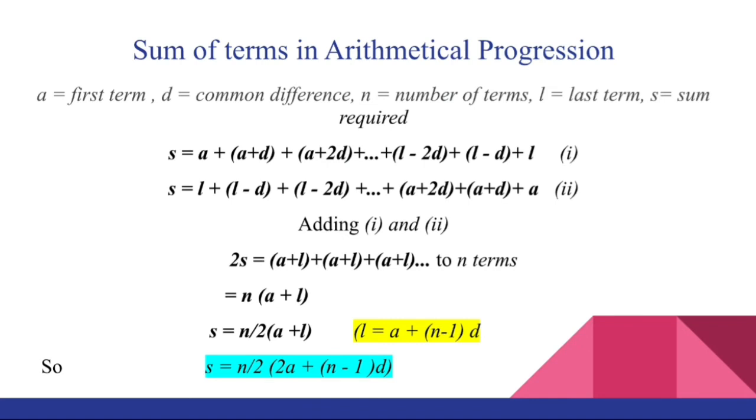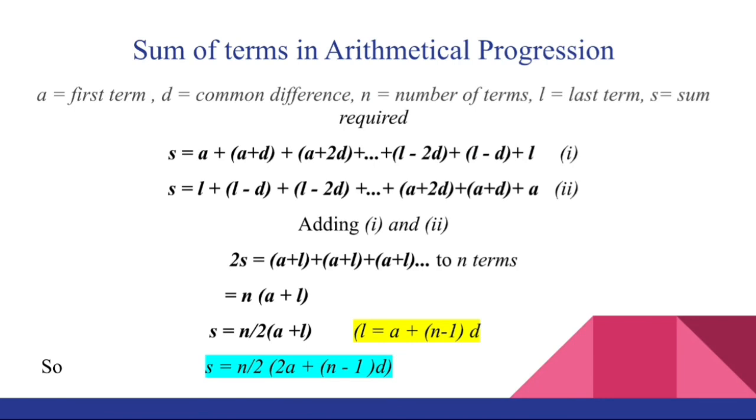It can be written as a series, and the last term will be l, the second last will be l minus d, as it is decreasing by d going backward, and the third last term will be l minus 2d. So it can also be written as S equals l plus l minus d plus l minus 2d, and so on. Addition is always commutative and associative, so we can write it like this.